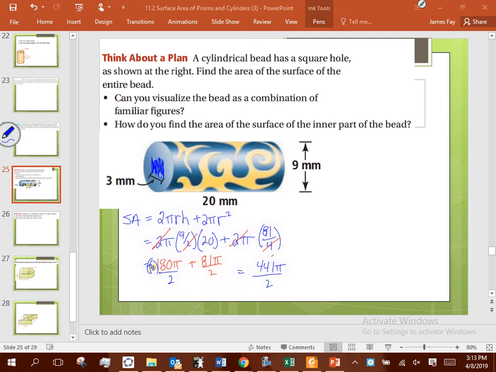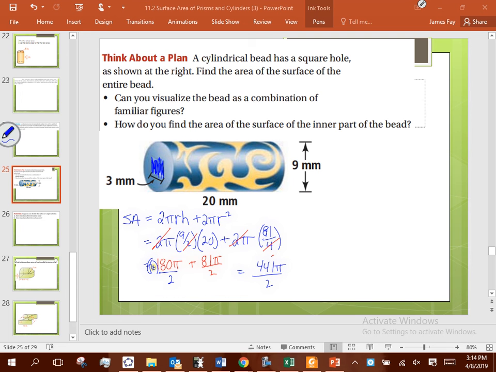The height of that prism is 20. So that's additive area that I need to paint. Okay? So I can write that as 441 pi over 2 plus 222. And that will give me that total area. Does that make sense? Okay.